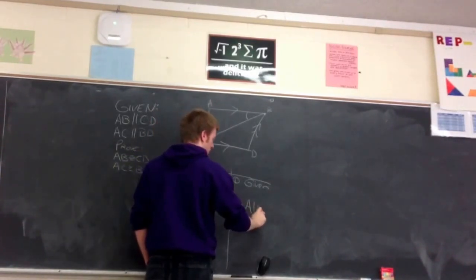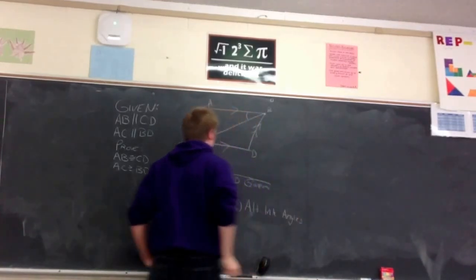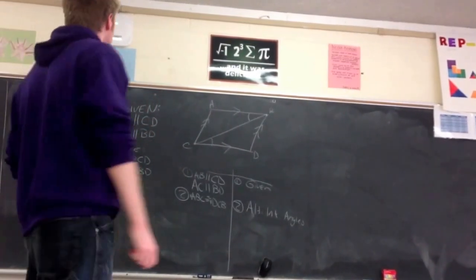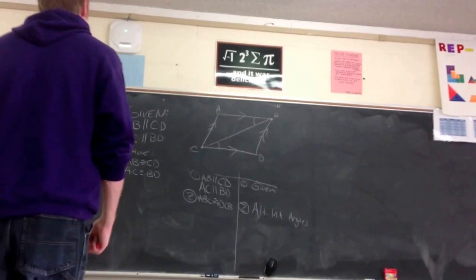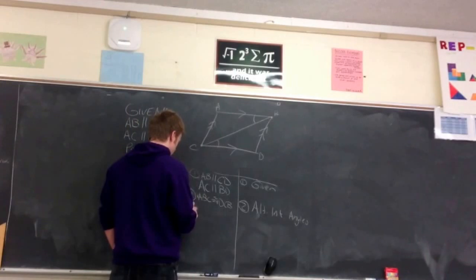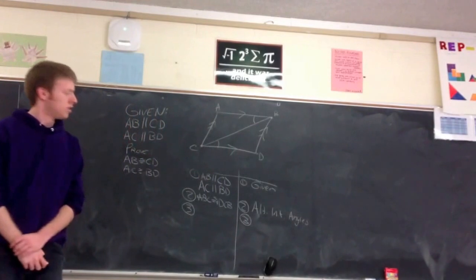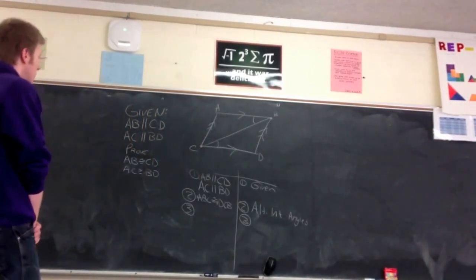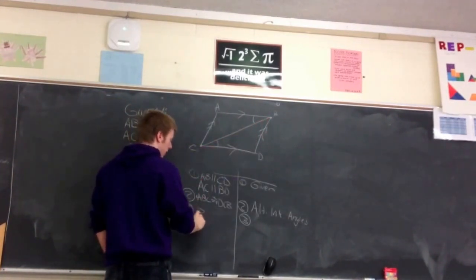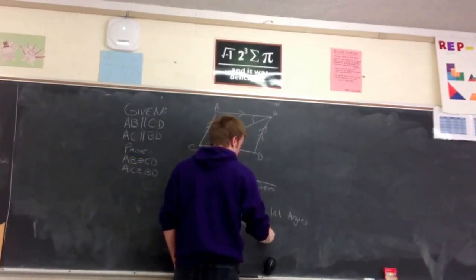Alternate interior angles. Okay, good stuff. Step 3 is that BC is congruent to itself. That's the reflexive property.